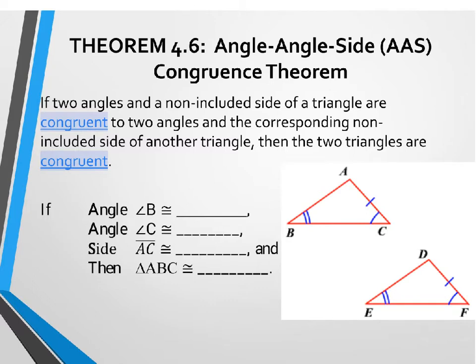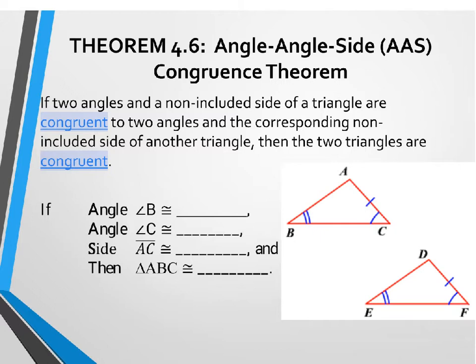Here is the other theorem or postulate called angle angle side. If two angles and a non-included side of a triangle are congruent to two angles and the corresponding non-included side of another triangle, then the two triangles are congruent.